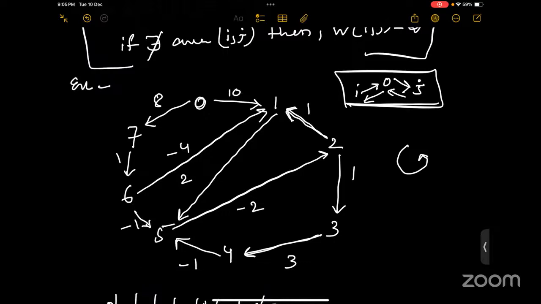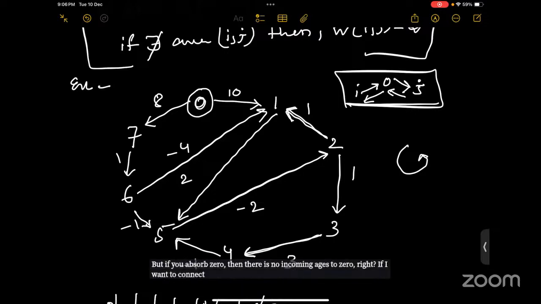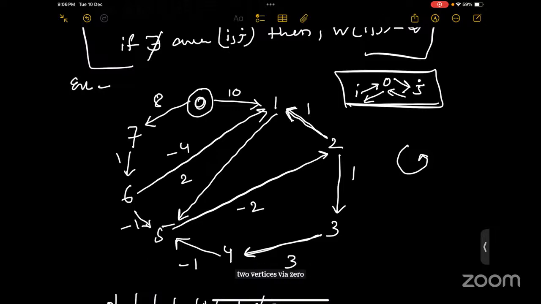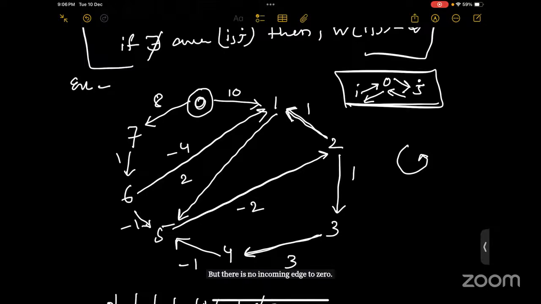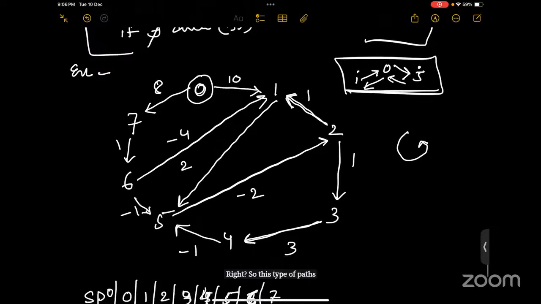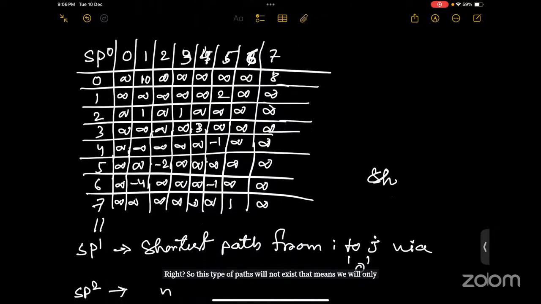But if you observe 0, there are no incoming edges to 0, right? If I want to connect two vertices via 0, then there should be at least one incoming edge and one outgoing edge. But there is no incoming edge to 0, so this type of path will not exist. That means we will only consider the direct paths. That means SP0 and SP1 will be same.